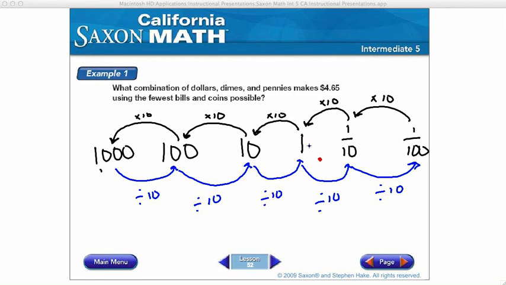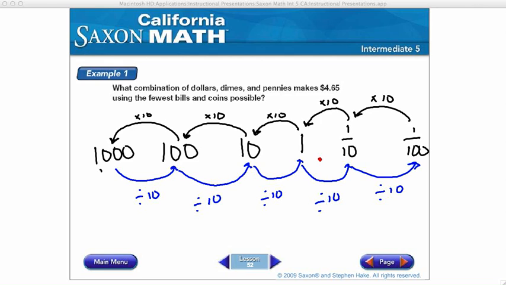Moving from right to left, every time I move one place, I'm going to multiply by 10. So 1 times 10 is 10, 10 times 10 is 100, 100 times 10 is 1,000, and so on. That keeps going on and on every time you move one place to the left.